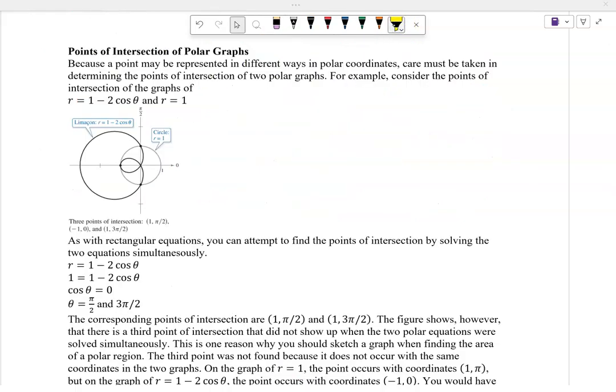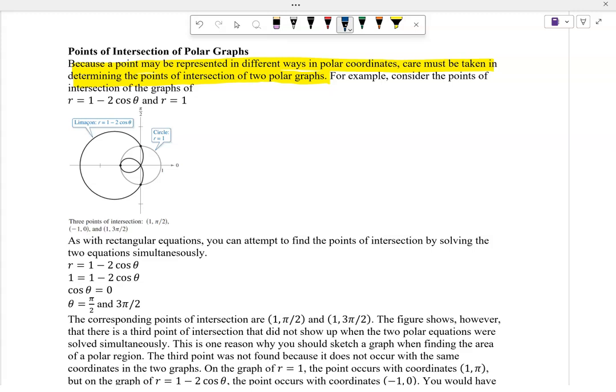Just note, you guys, with intersections, because a point may be represented in different ways, you've got to be careful in determining the intersection. For example, this one is showing the limaçon and the circle.